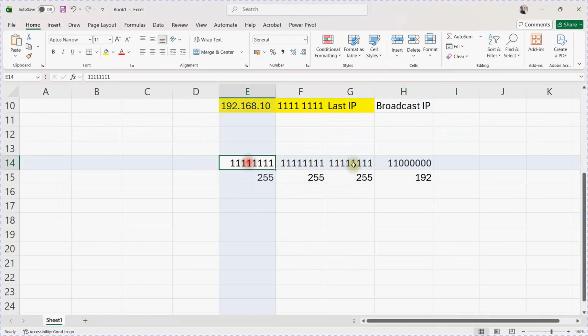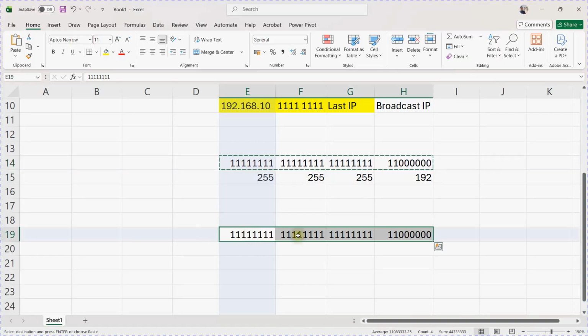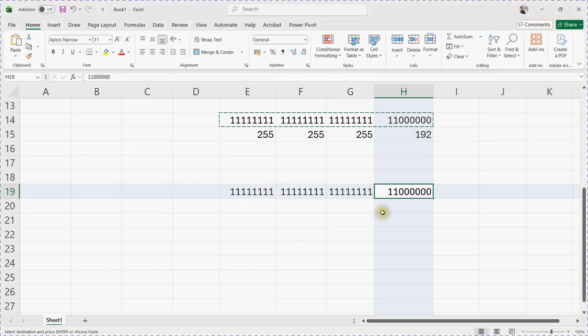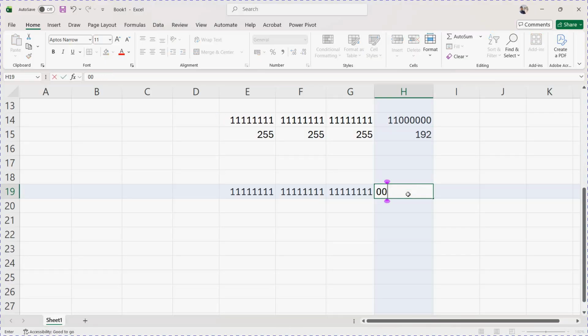So the 6 bits from the last one, minus 6: 1 2 3 4 5 6.